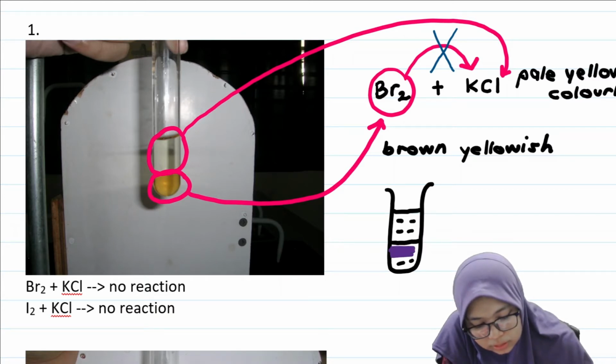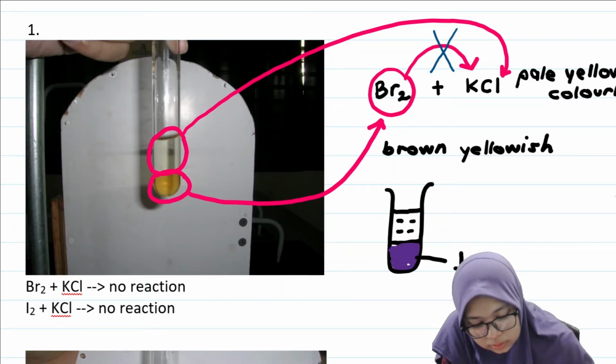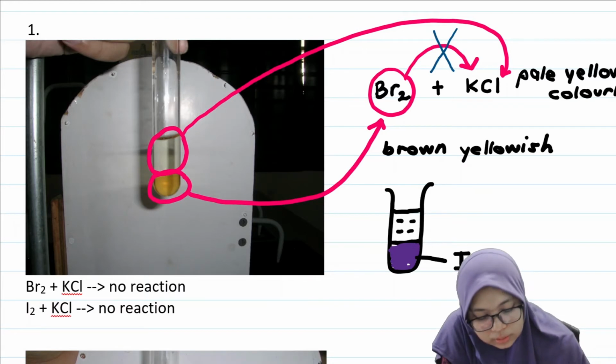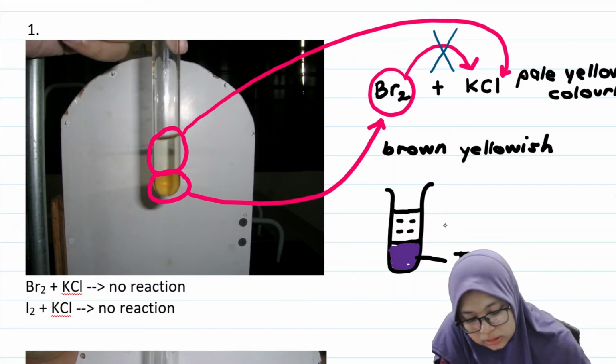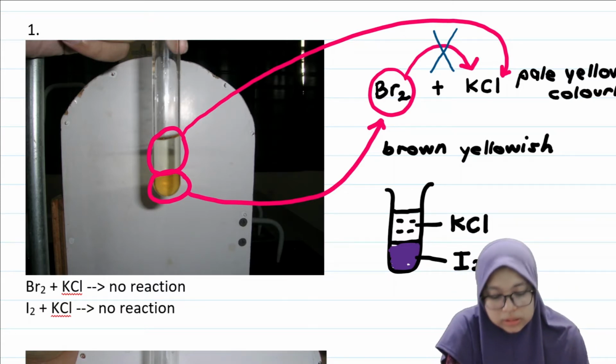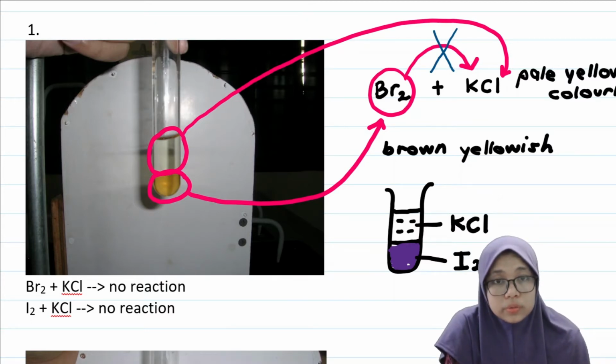Yang bawah ni dia akan jadi color purple. Why? Because the iodine will dissolve in 1,1,1 trichloroethane. The potassium chloride will still exist as the aqueous solution. So the reaction is not going to happen.